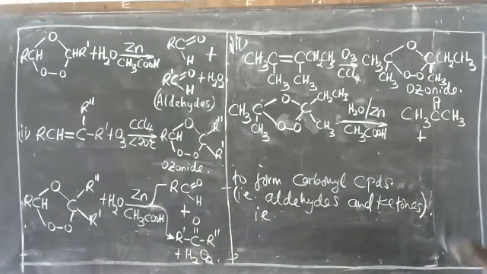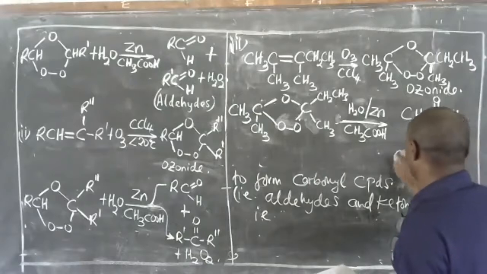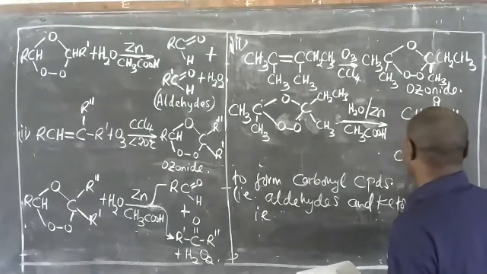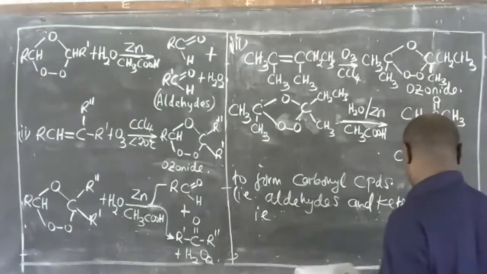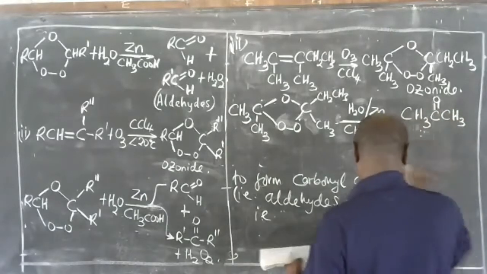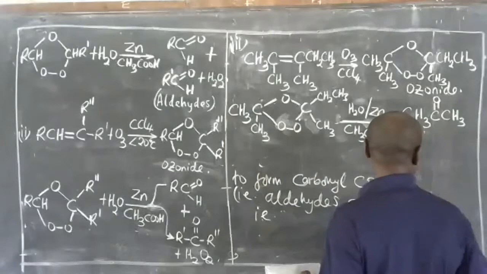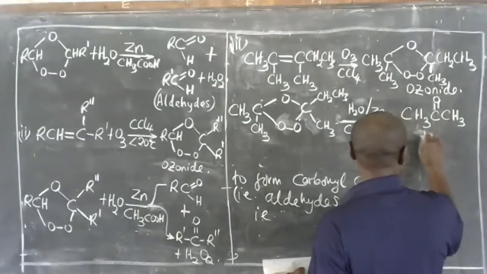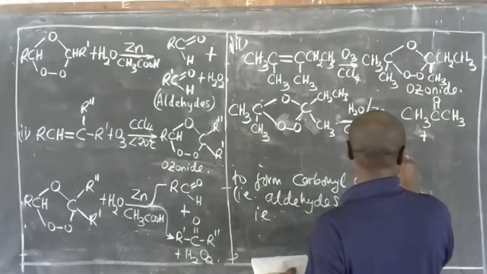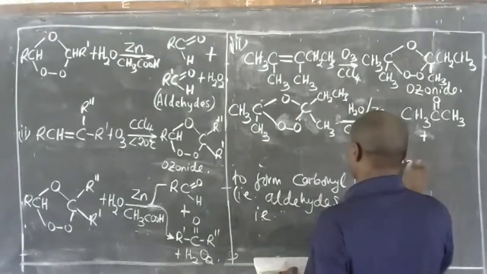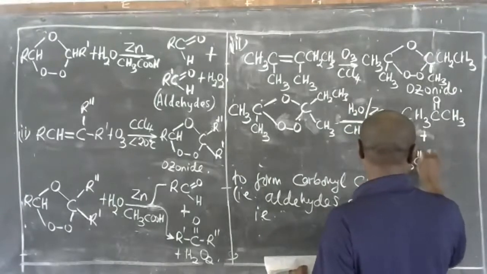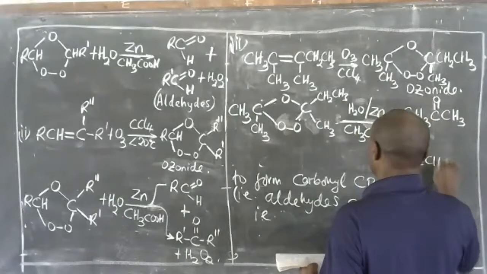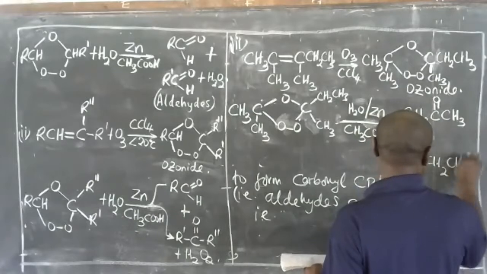So this one is going to give us CH3, C, double bond, plus CH3, which is this one, C, or CH2, CH3.